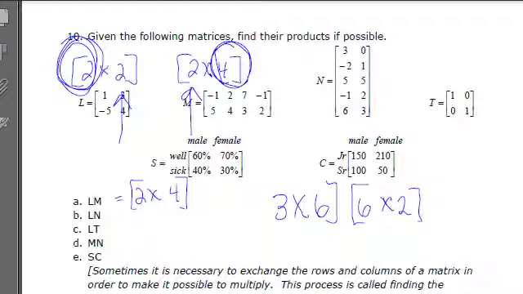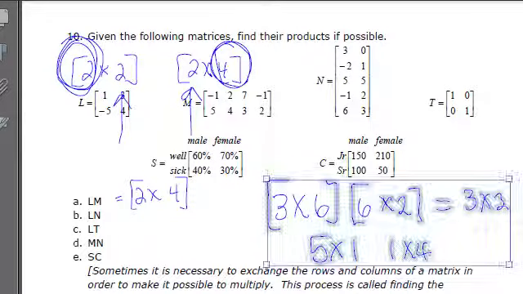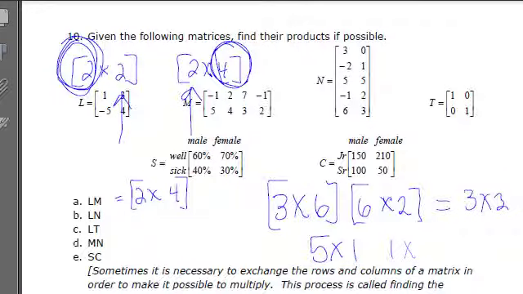Yes. So this is going to end up being a 3 by 2 matrix. But if you had a 5 by 1 and, let's say, a 4 by 4, pretend the brackets are on there. Are the inner numbers the same? No. Can you multiply? No.